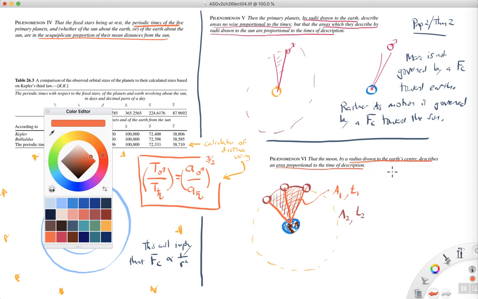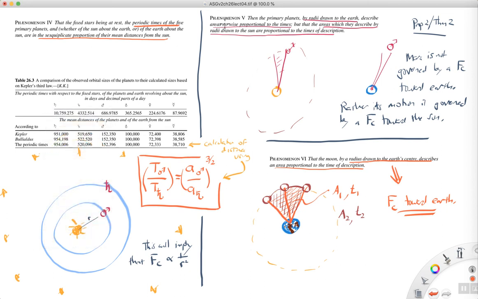And again, the main point is that this is going to imply that there is a centripetal force acting on the moon toward the Earth. That's the main point that he's making here. So all of these phenomena that Newton has been discussing in this chapter, all of these he's going to use as evidence that there are these centripetal forces pulling objects like the moon toward the Earth, like Jupiter and Saturn's moons toward Jupiter and Saturn.